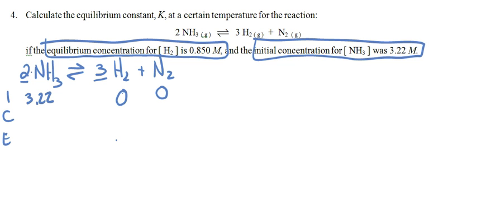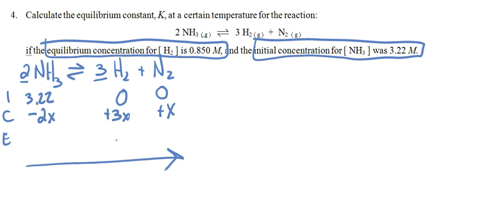All right, so based on our coefficients, this is going to be reduced by 2x, this will be increased by 3x, and this will be increased by 3x. Because again, we're going to shift to the right since we're not at equilibrium. Then we're going to have 3.22 minus 2x, and then 3x actually has a value.